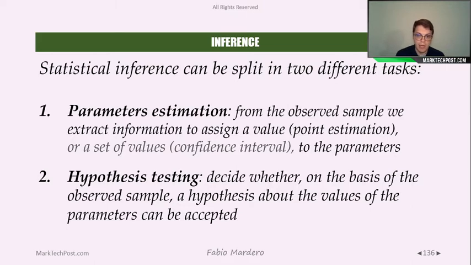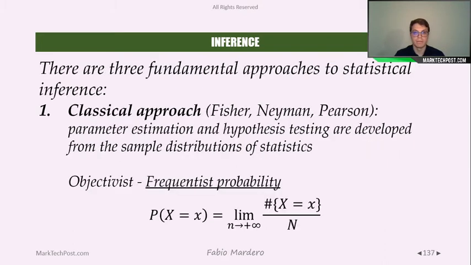So we make a hypothesis about the values of the parameters, and we test the hypothesis using the observed sample. This, what we have seen so far, were the two tasks we can do with statistical inference, but there are three ways we can do it.